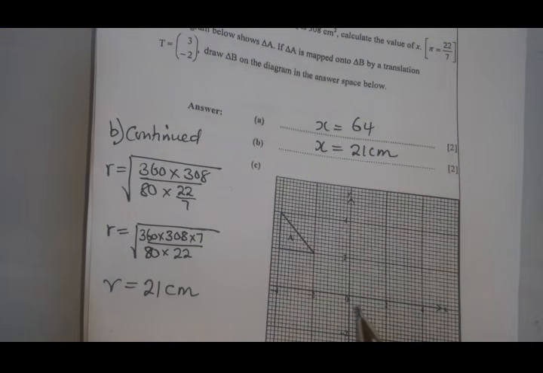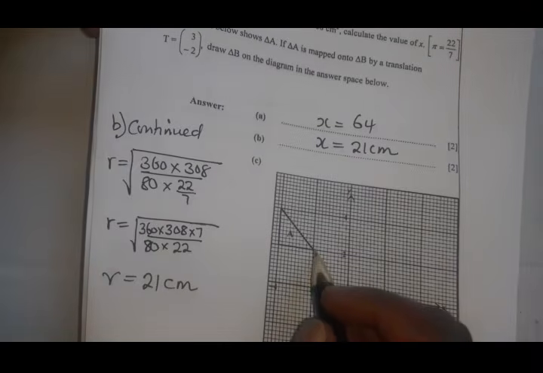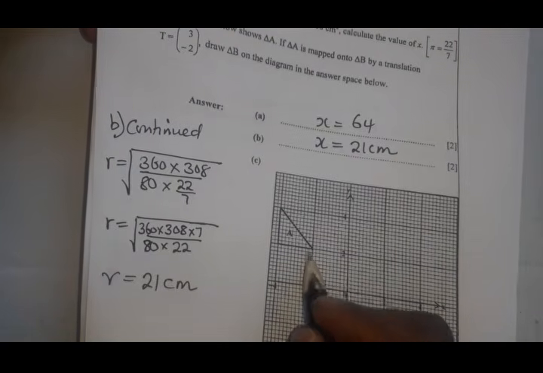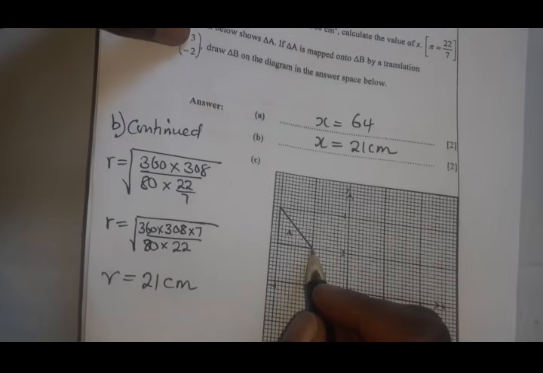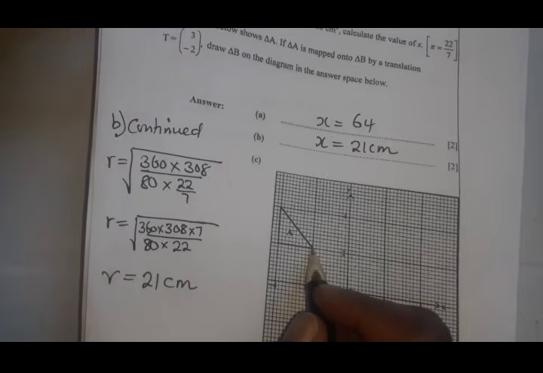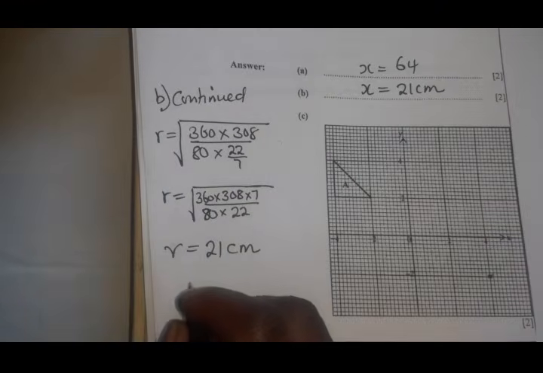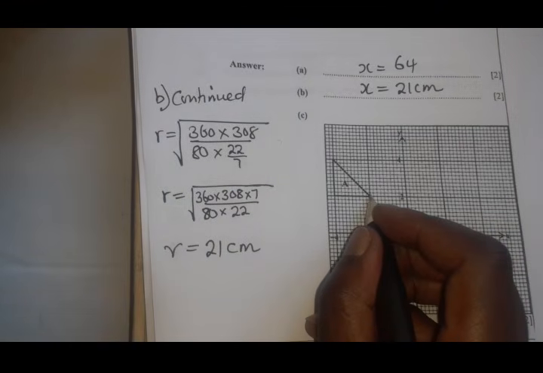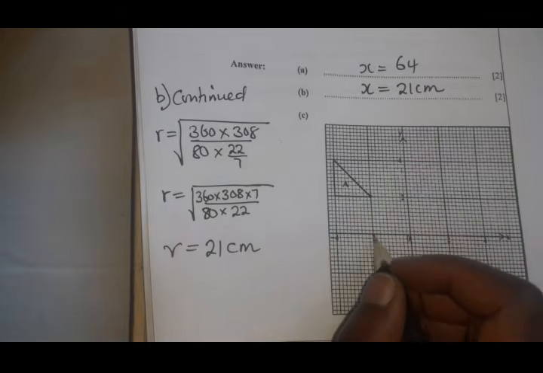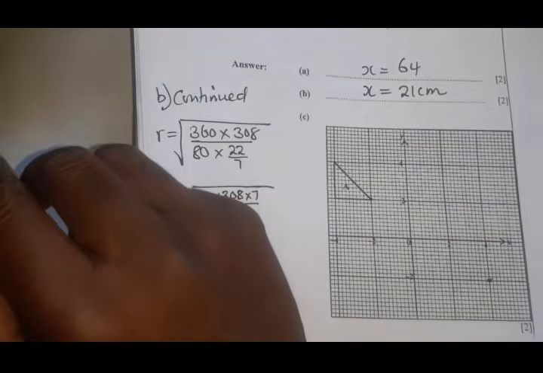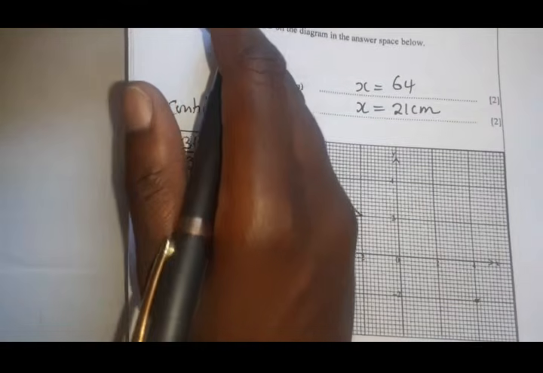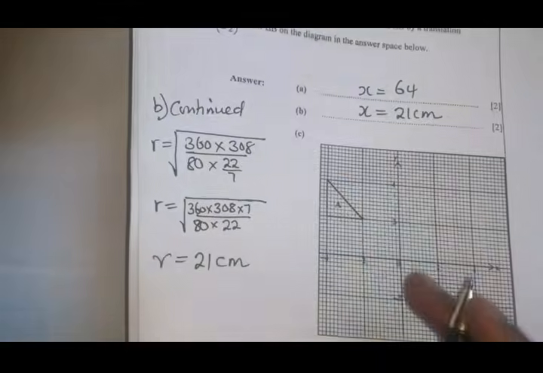So what we are supposed to do here, we can actually get the coordinates of each point of these and add them to this one. So for instance, the coordinates of this point, you can add the coordinates which is (-2, 2) to this one. Then they will give you the coordinates of the image for this one.